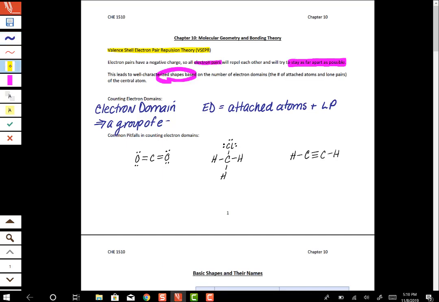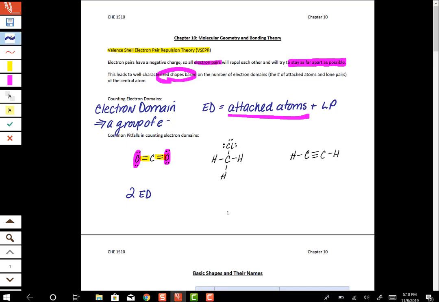If we come down here and look at CO2, CO2 has two electron domains. What people should be looking at is the fact that we have two groups of electrons there, or the way that we defined it up here, attached atoms. Carbon has one oxygen attached here and one oxygen attached here.